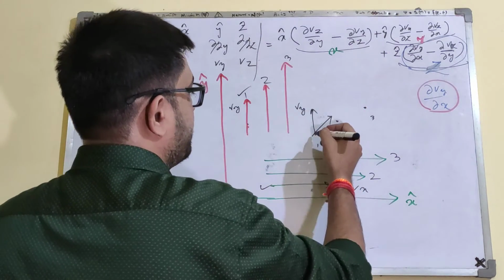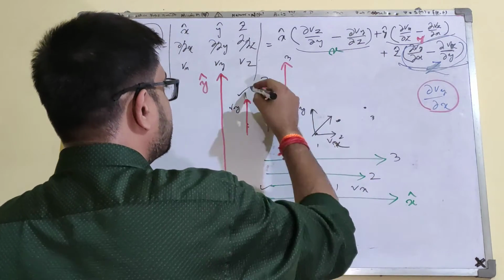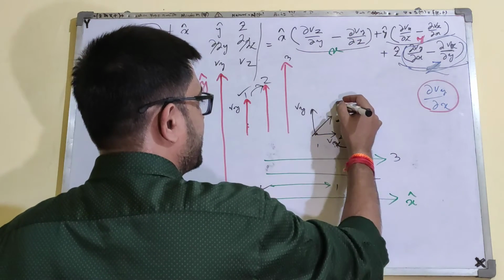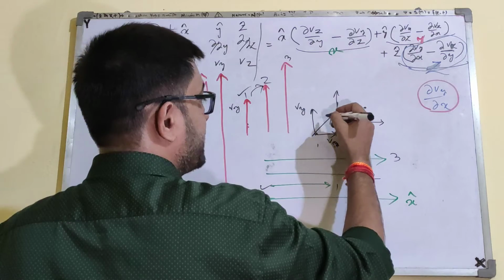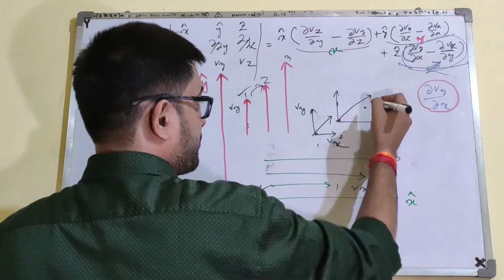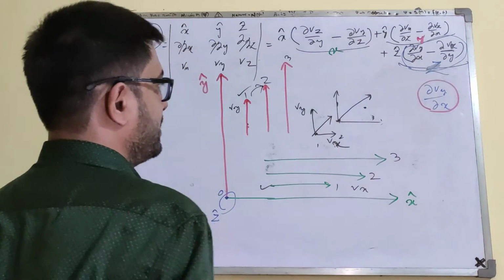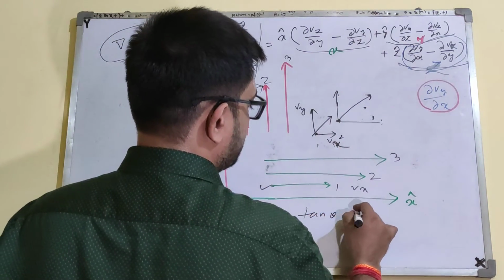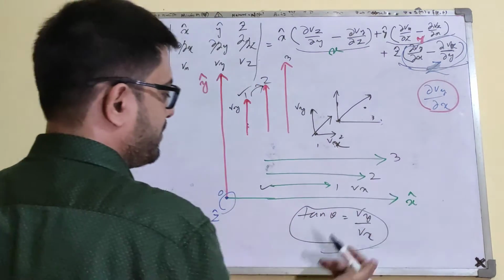And then when we move from point 1 to point 2, if the increase in Vy is the same as the increase in Vx, then the vector will increase for sure, the vector will be bigger, but it will be in the same line. There will be no change in angle, because tan theta is Vy upon Vx. The slope is given by the ratio of Vy and Vx.